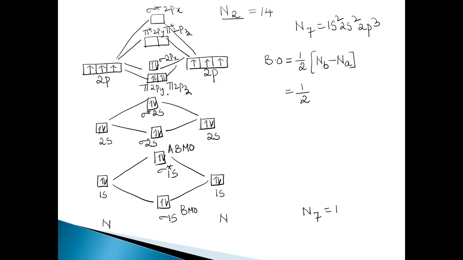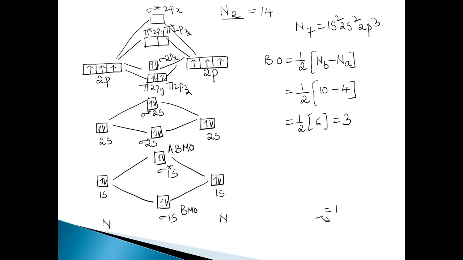All the sigma and pi without the star are bonding molecular orbitals. 2 plus 2, 4, plus 2, 6, plus 2, 8, plus 2, 10. So 10 minus, how many anti-bonding? 2 plus 2, 4, only 4. These are not filled. So half into 6, which is equal to 3. So the bond order here is 3.